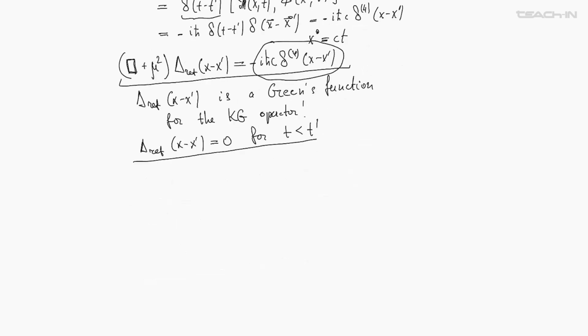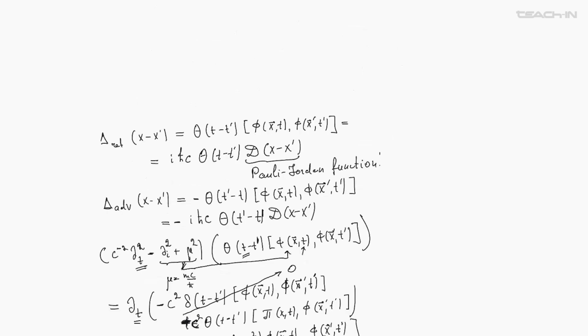So we continue, and let us look at the following representation, which in fact uses the integral representation for this Pauli-Jordan function here.